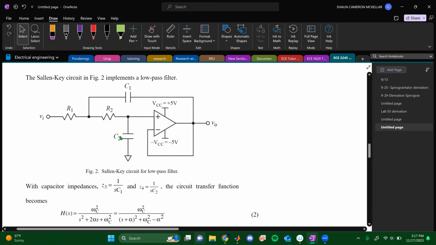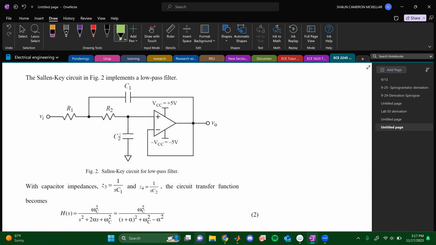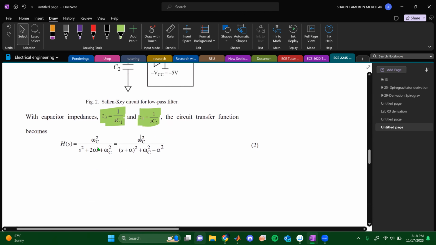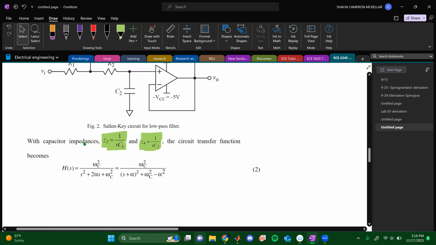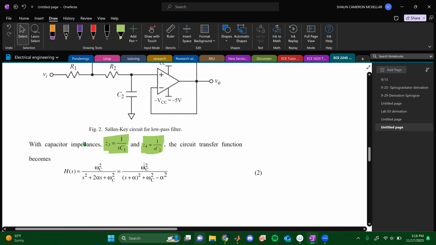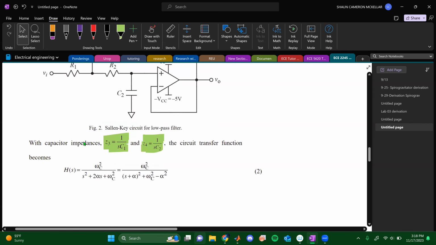We know that the impedances of Z3, which is this item, is 1 over SC1, and Z4 has the impedance 1 over SC2, which I'm sure you can identify based on the previous discussions in this course. It says that the circuit transfer function becomes this value. And now it's up to us to show that that's actually what we have. So just a moment.